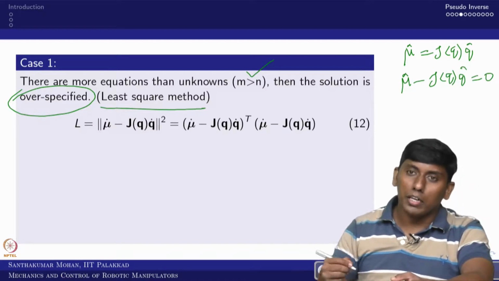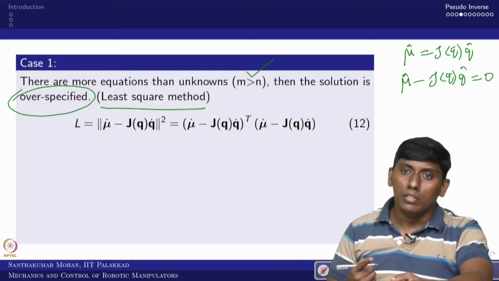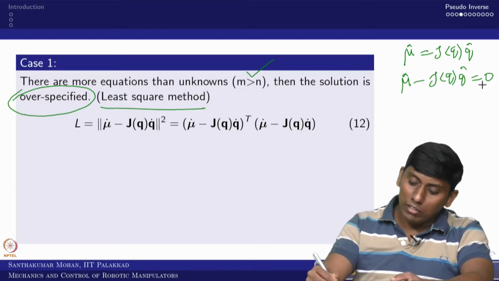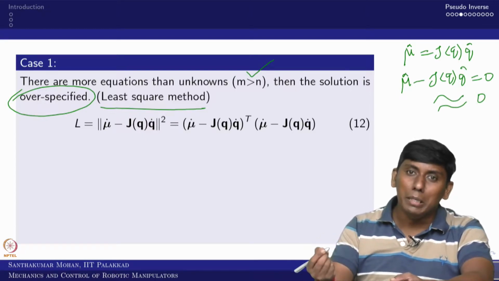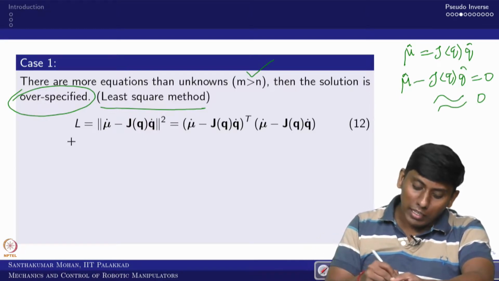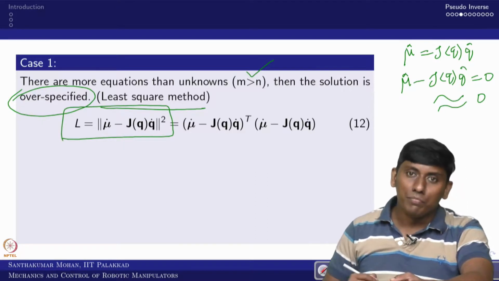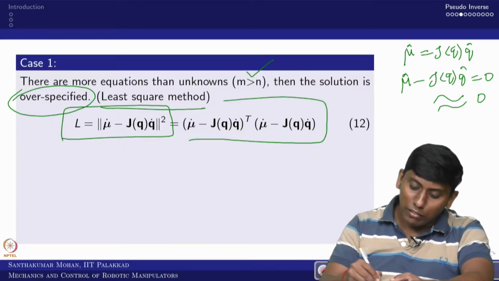This is what I wanted, but it is not possible. This 0 is not obtainable, so I look for the minimum I can get, close to 0. So I can take the second norm and write it in this form.